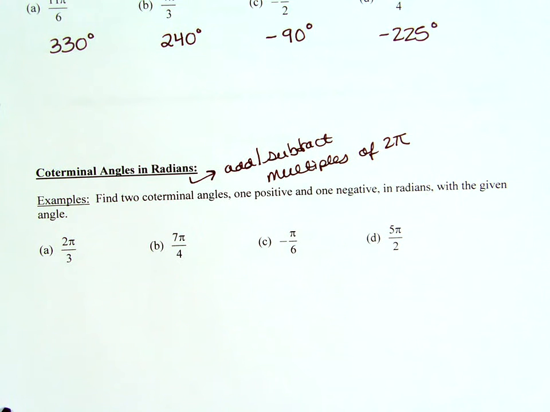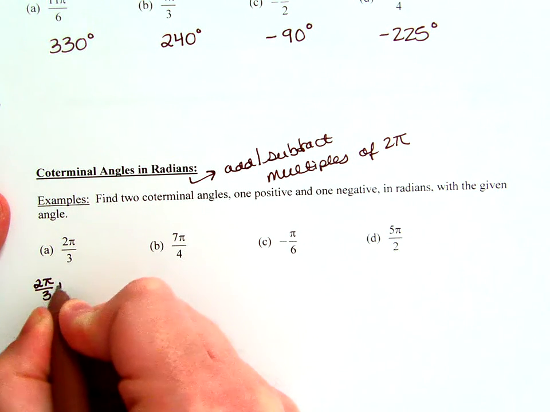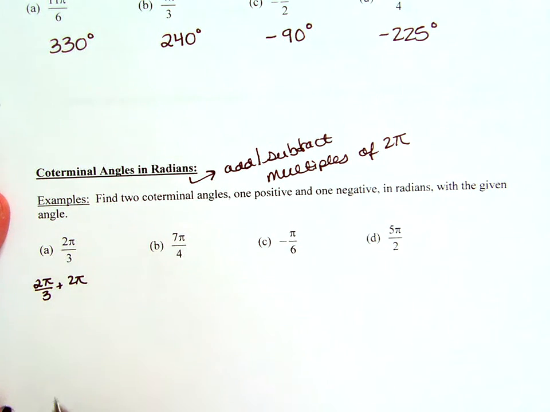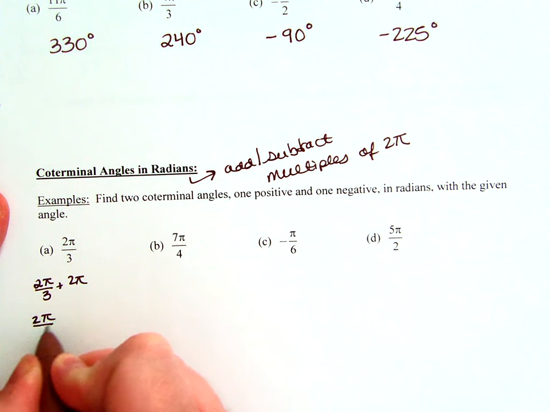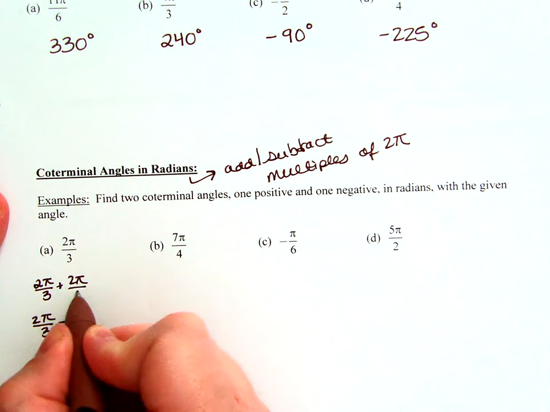So, in letter A, I want to find two angles, one positive and one negative, coterminal with 2 pi over 3. Well, 2 pi over 3 plus 2 pi and 2 pi over 3 minus 2 pi, or 2 pi over 1.